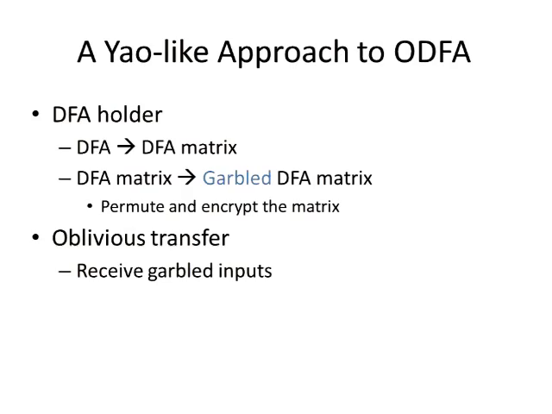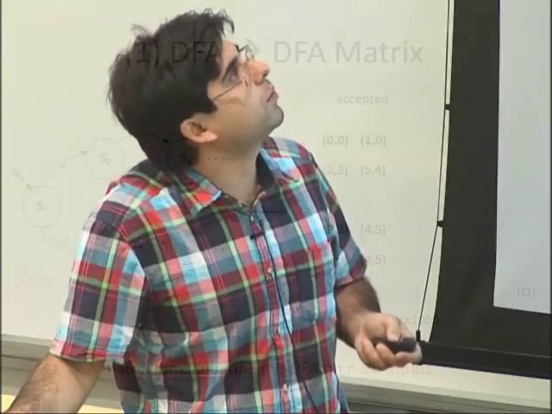So this is essentially like encrypting the DFA and sending it to the client, as you were asking. Then they do some oblivious transfers for the client to get his garbled inputs, and then he can evaluate and ungarble a specific path on this DFA matrix and recover the final output. It looks very similar to Yao in its general form.